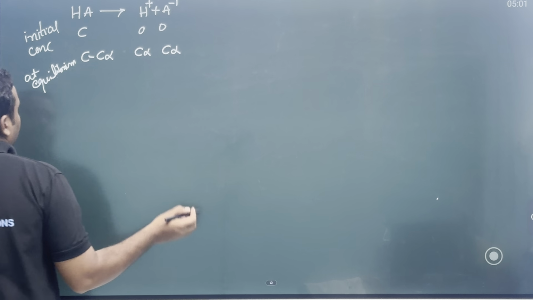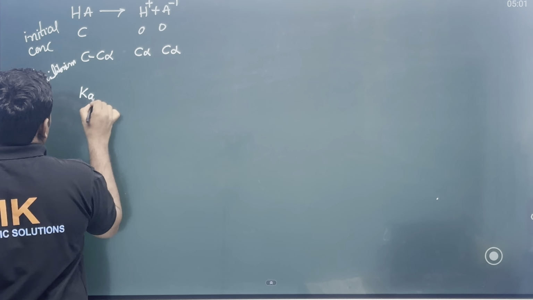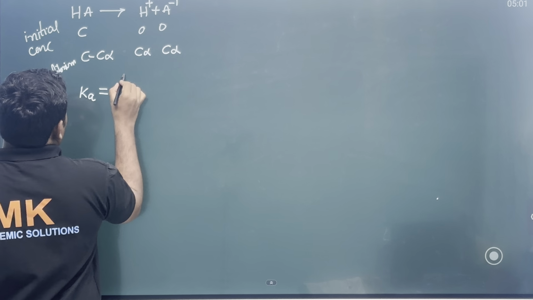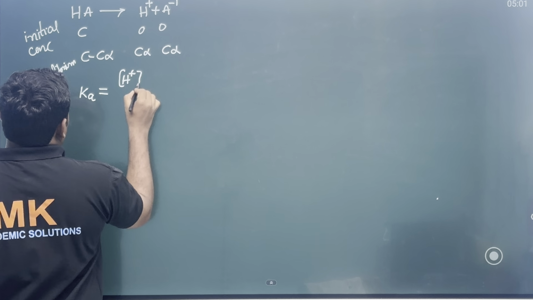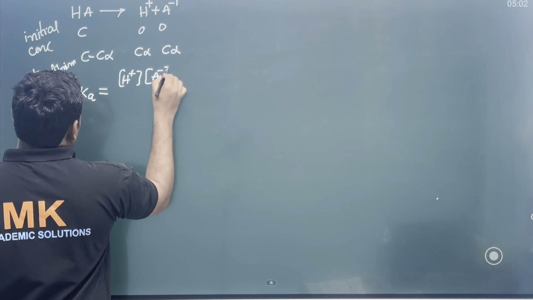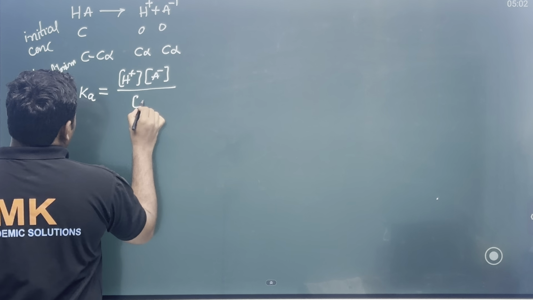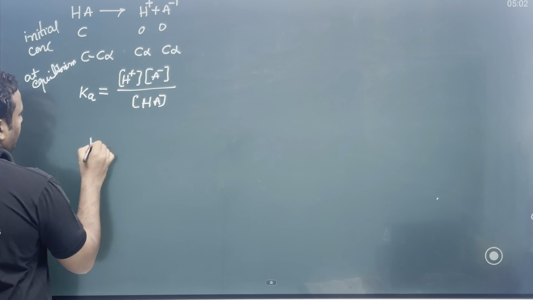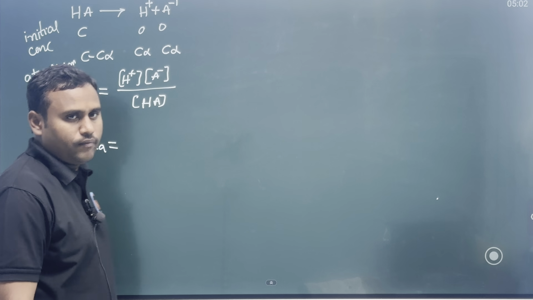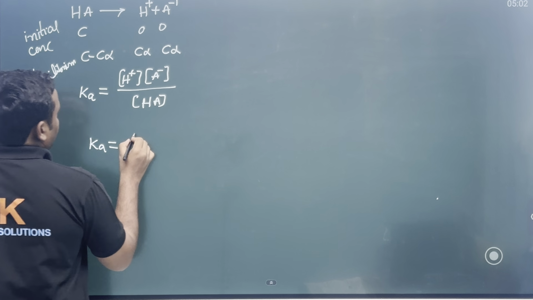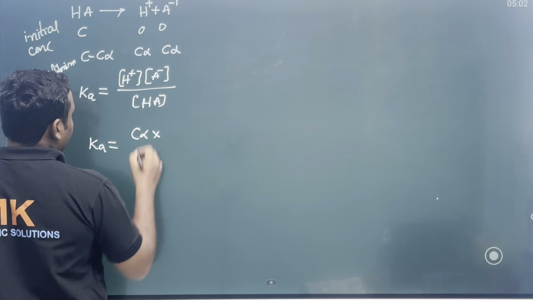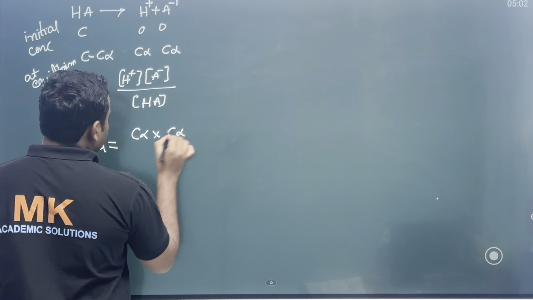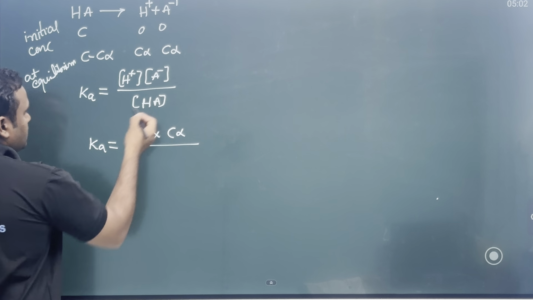Now, how will we write Ka? Ka is the concentration of H plus ion into the concentration of A minus, divided by the concentration of HA at equilibrium. So Ka is equal to C alpha, the concentration of H plus at equilibrium, into C alpha, the concentration of A minus, divided by the concentration of HA, which is C minus C alpha.